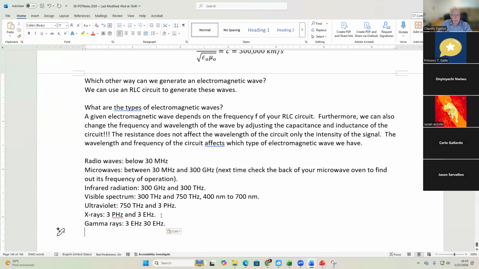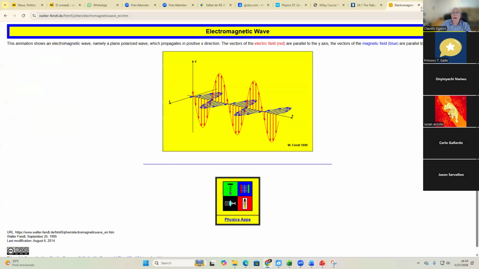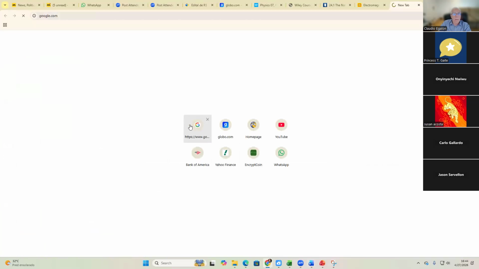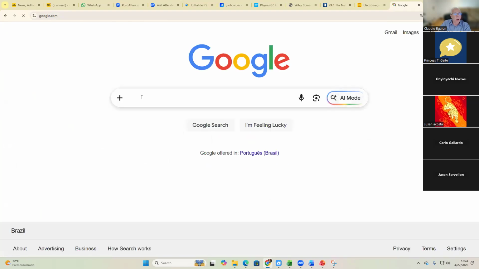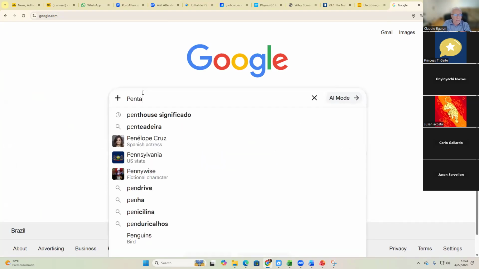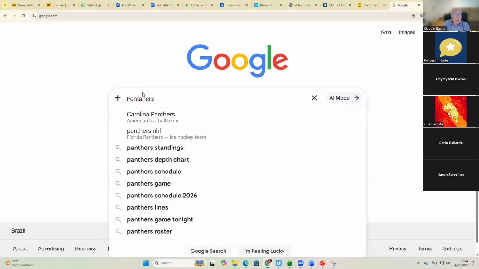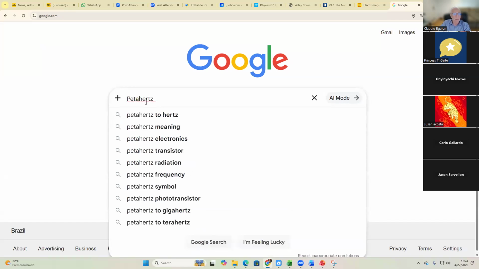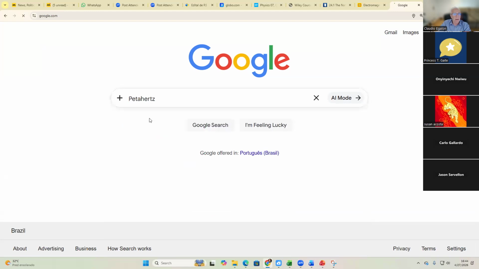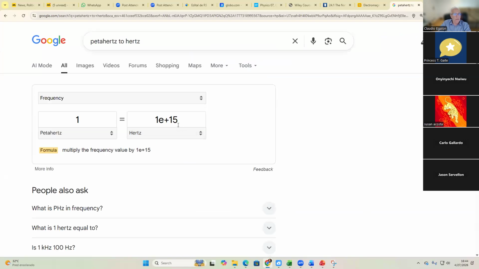Terahertz. I believe it's petahertz here. It's not penta, it's peta. Petahertz, 10 to the 15.